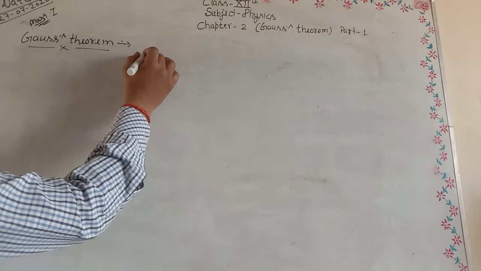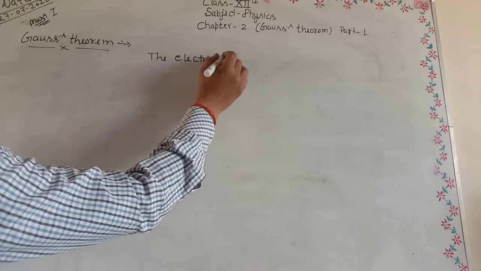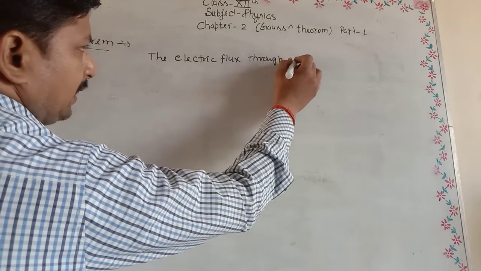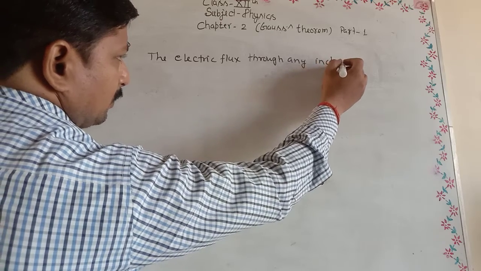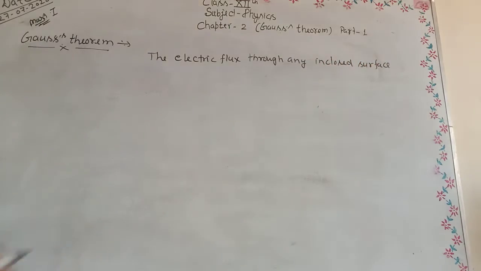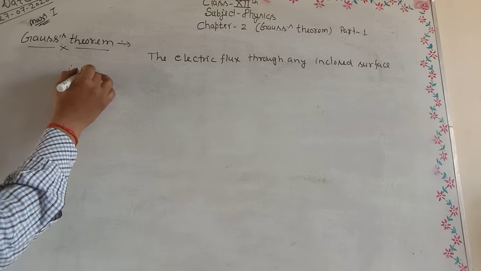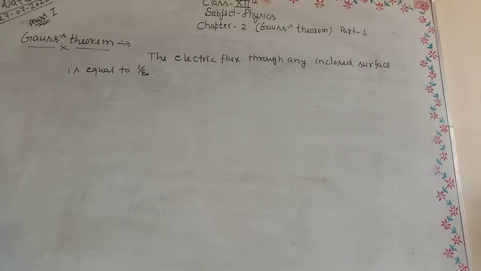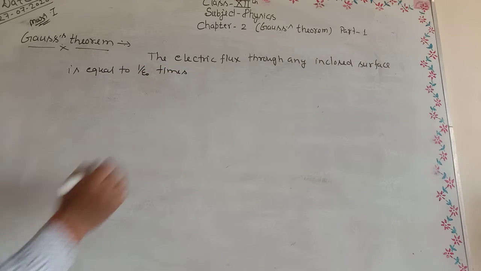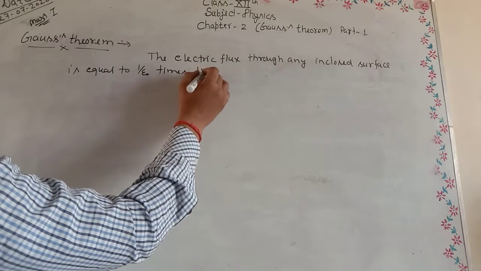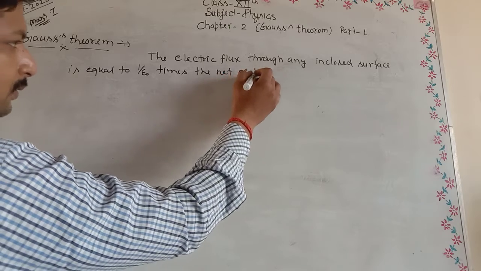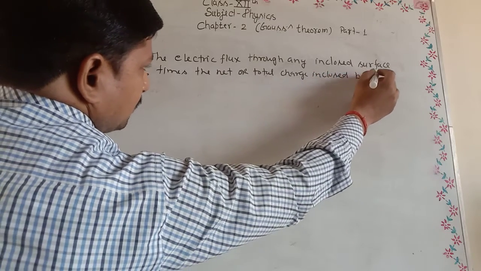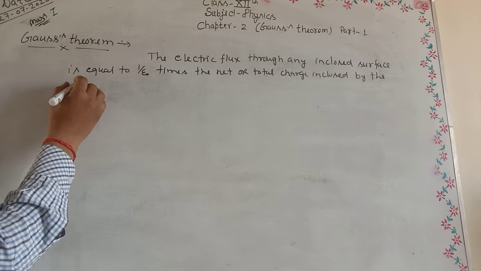The electric flux through any enclosed surface is equal to 1 upon epsilon naught times the net or total charge enclosed by the surface.